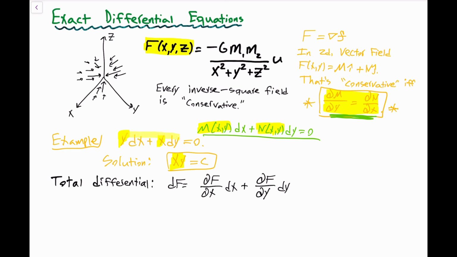We're going to end up with this left-hand side, namely y dx plus x dy. Additionally, because xy is equal to a constant, the total differential of a constant has to be 0. So we will get our differential equation just by taking the total differential of our solution.